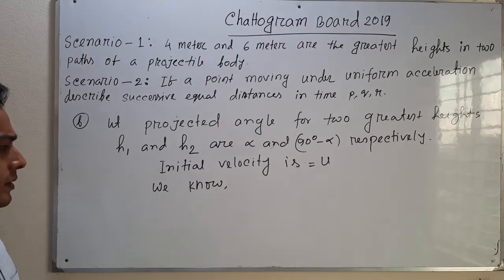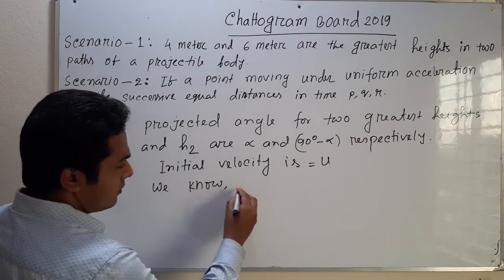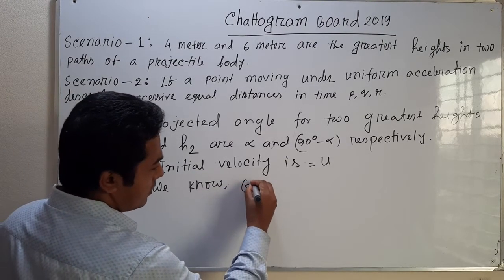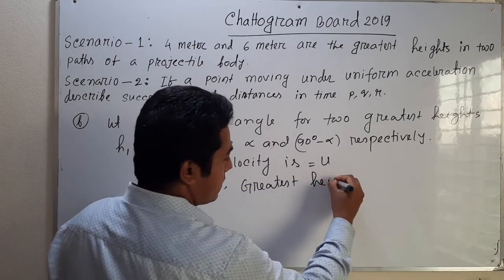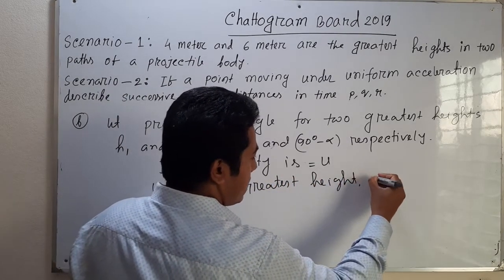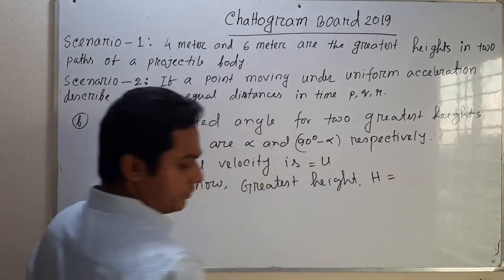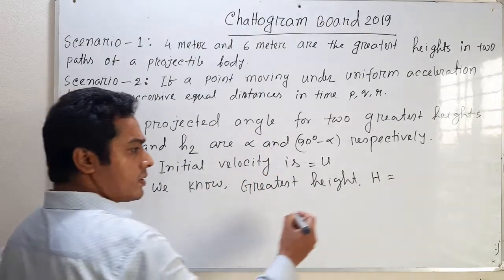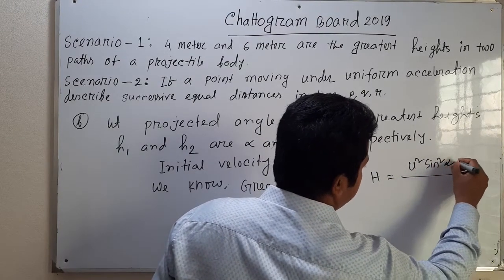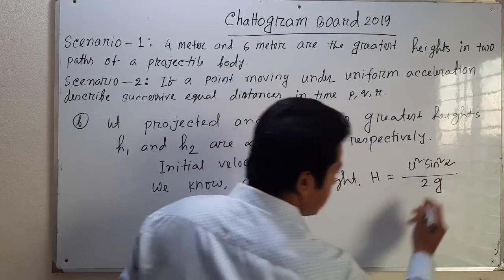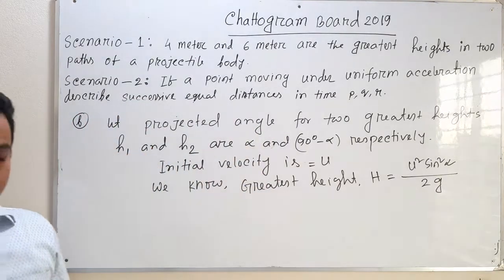We know that the greatest height h is equal to u square sin square alpha divided by 2g. This is the formula for the greatest height.